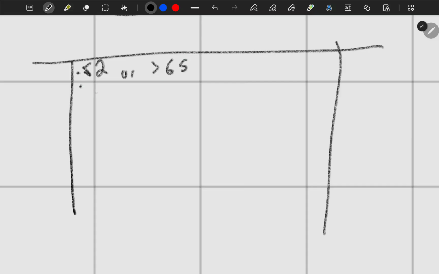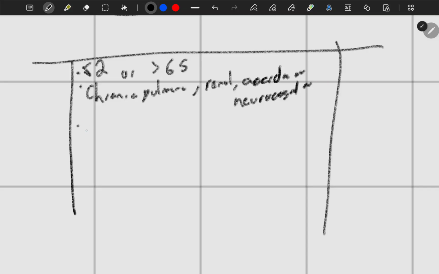Also, we have chronic pulmonary, renal, cardiovascular, or neurocognitive disease, nursing home residents, diabetes mellitus, and immunosuppression. They include HIV.